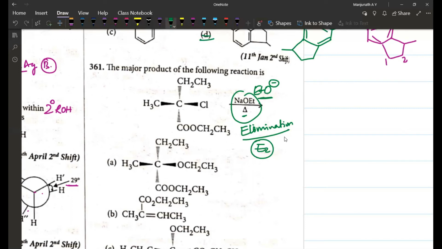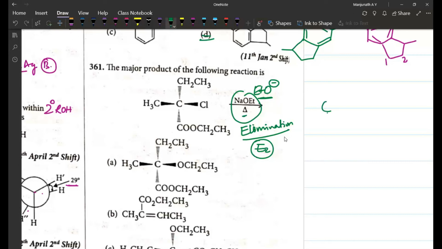Now you have to carefully form the Saytzeff product. So what is the Saytzeff product? It is the most substituted compound. So the compound which is most substituted has to be formed. See, the dashed wedge and solid wedge have no meaning now because we are going to form a molecule with sp2 carbon.